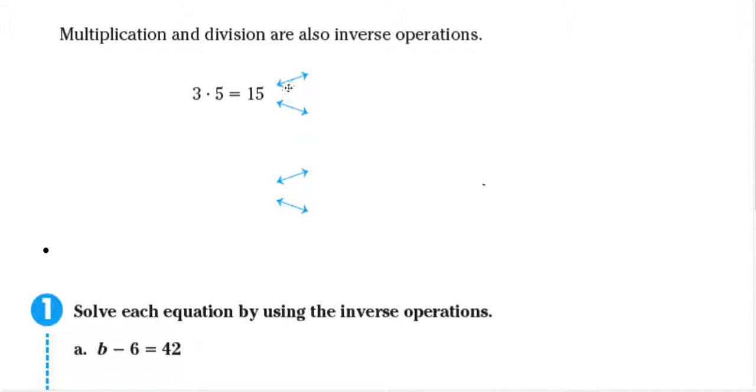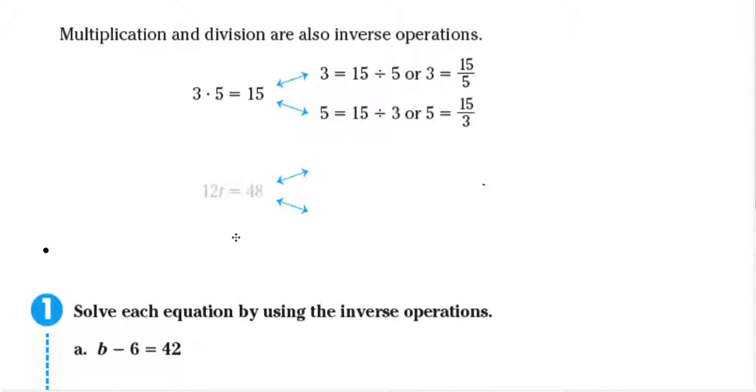Using the inverse operation, we can say that 3 is equal to 15 divided by 5, or 3 equals 15 over 5. Remember, the fraction bar also indicates the operation of division. Another way of saying that, using inverse operations, would be 5 equals 15 divided by 3, or 5 equals 15 over 3.